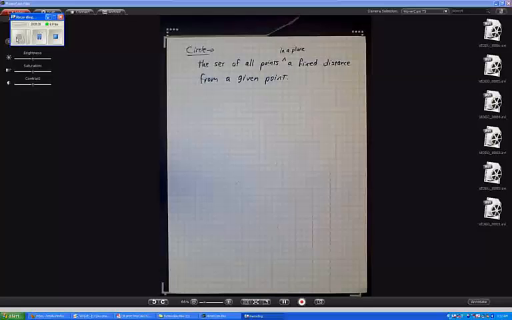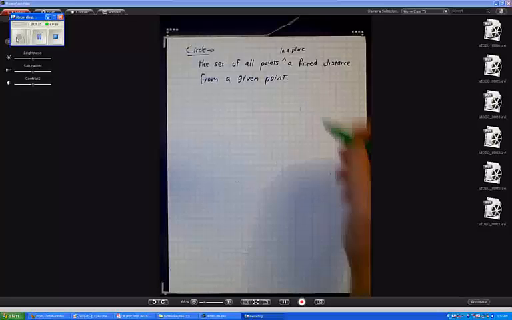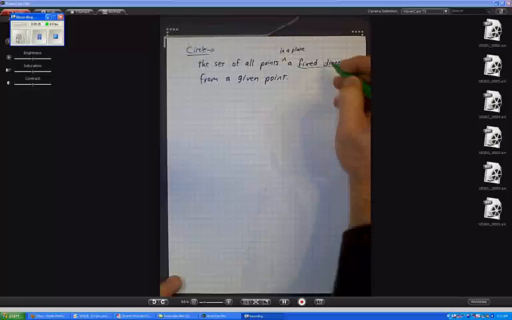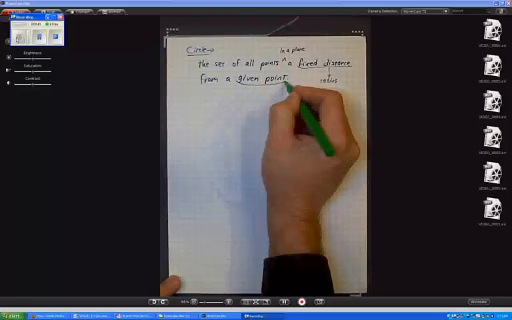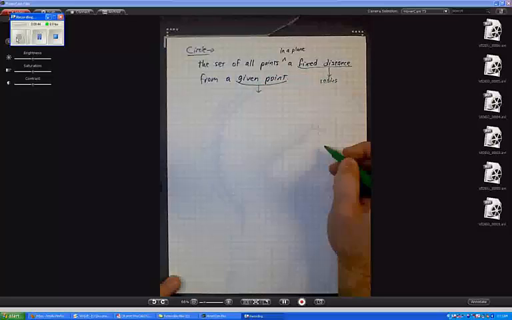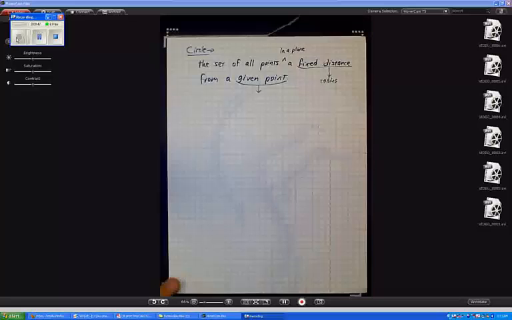So, by the way, these things have names, right? That distance that is fixed is called the what? That's the radius. And the given point is very important also, and it was the origin for this problem, right?